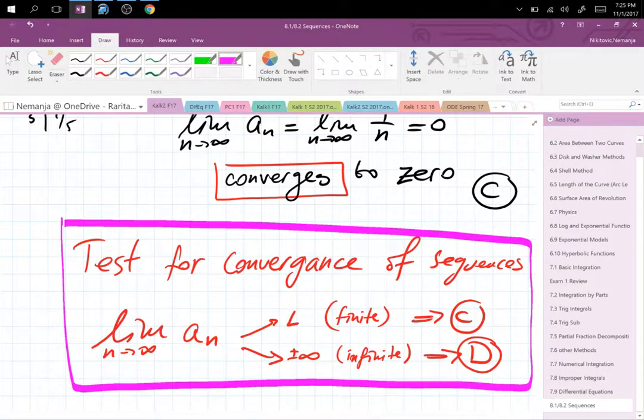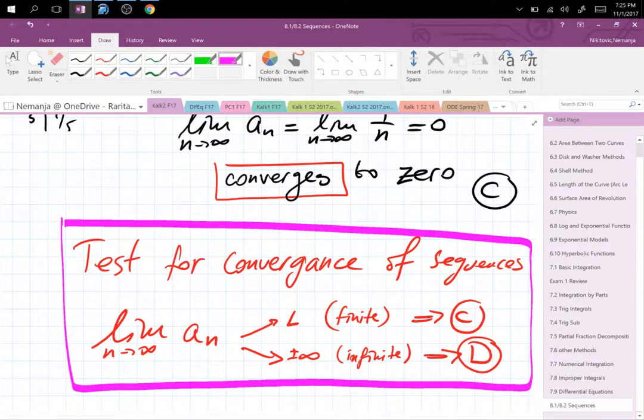So a sequence either converges or diverges. You can't have both. They're mutually exclusive. Two sides of the same coin, right? One or the other. At this point, note that there is a procedure here. You have a sequence. You need to know that you're supposed to take the limit. You're supposed to solve the limit.